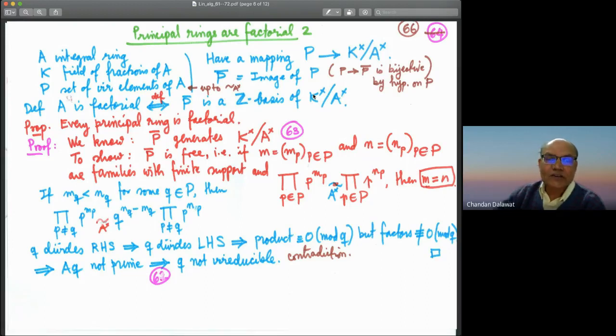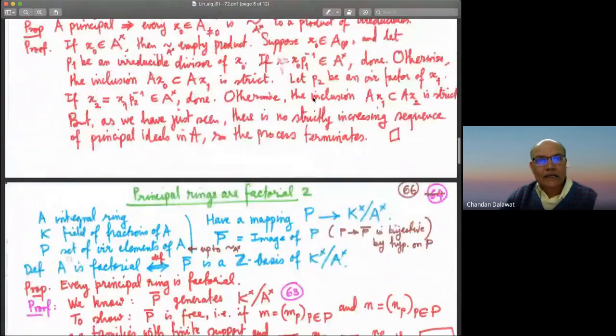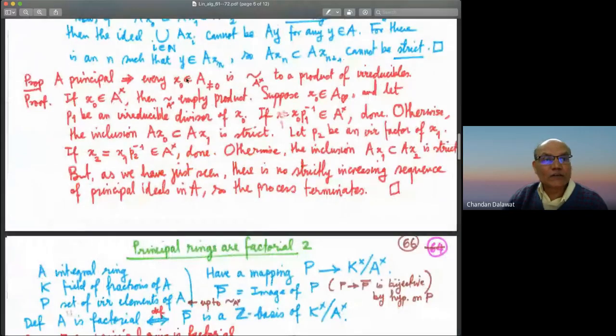Of course, it can be translated back in terms of being able to write elements. Here we had expressed every non-zero element of A as a product of irreducible elements. So being factorial basically means that this representation as a product is essentially unique, meaning unique up to the order in which you are writing those factors.